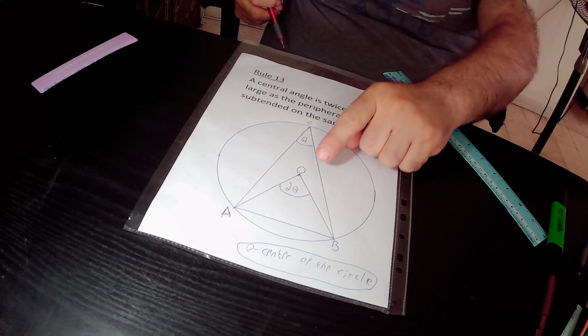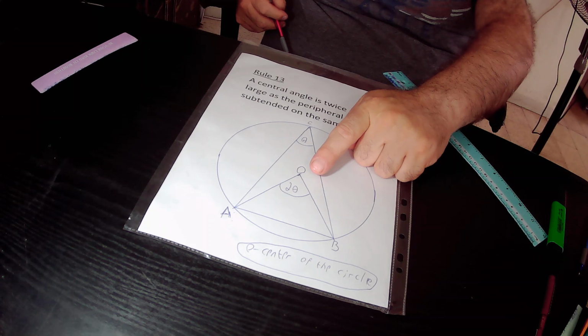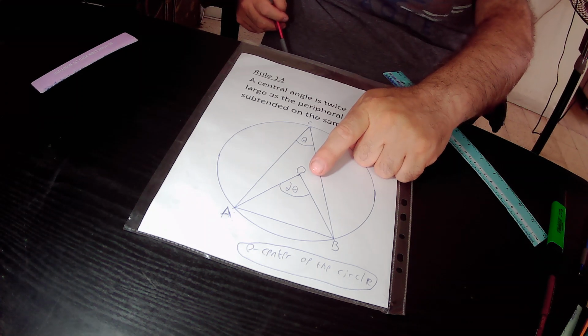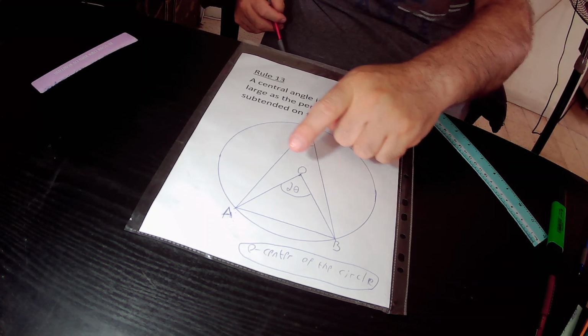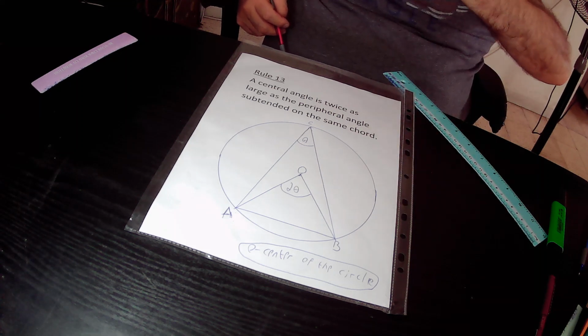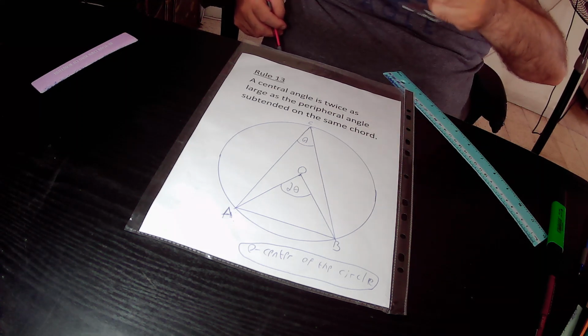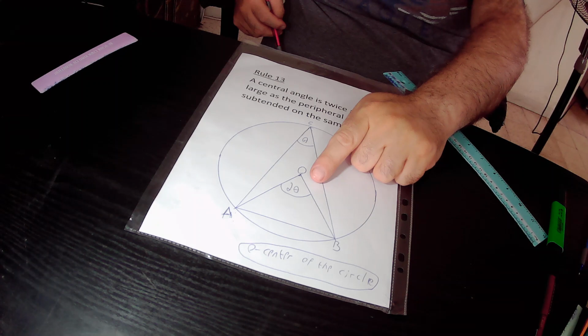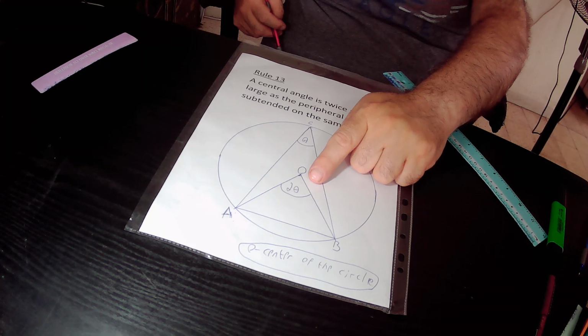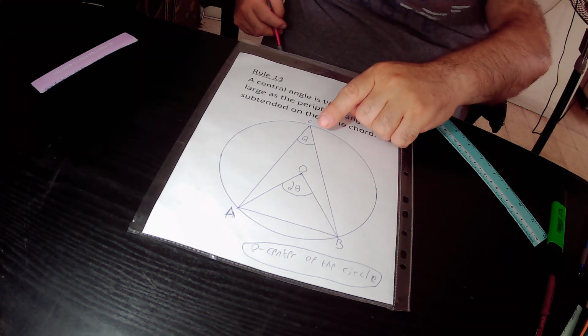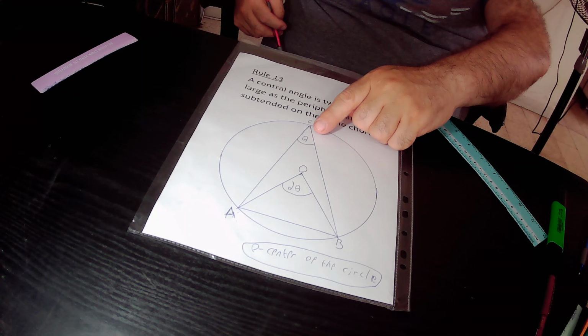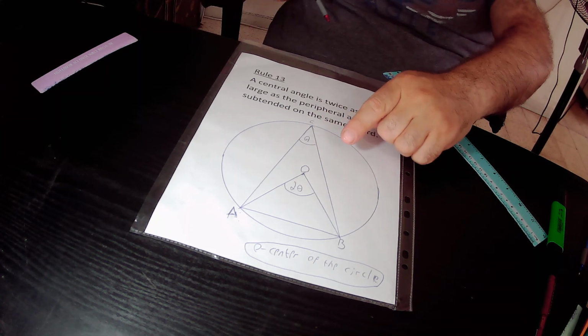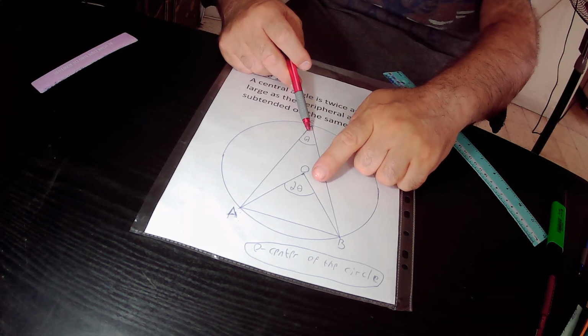Likewise, we have here center angle AOB. This is center angle AOB that is subtended on the same chord called AB. And according to rule 13, the size of angle AOB is twice as large as the size of this peripheral angle ACB, because both of them are subtended on the same chord.